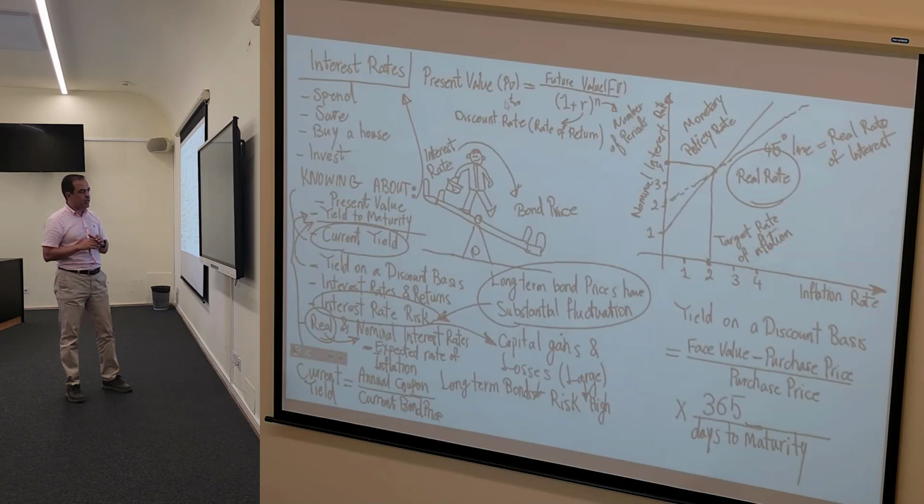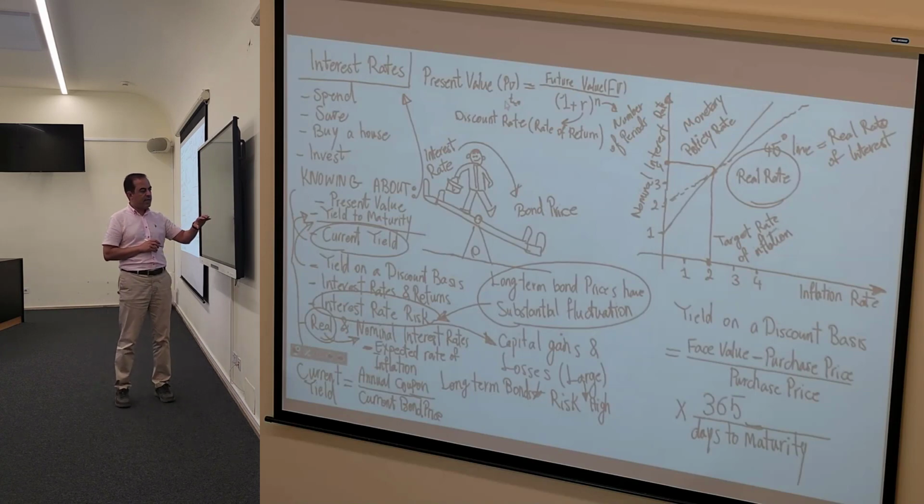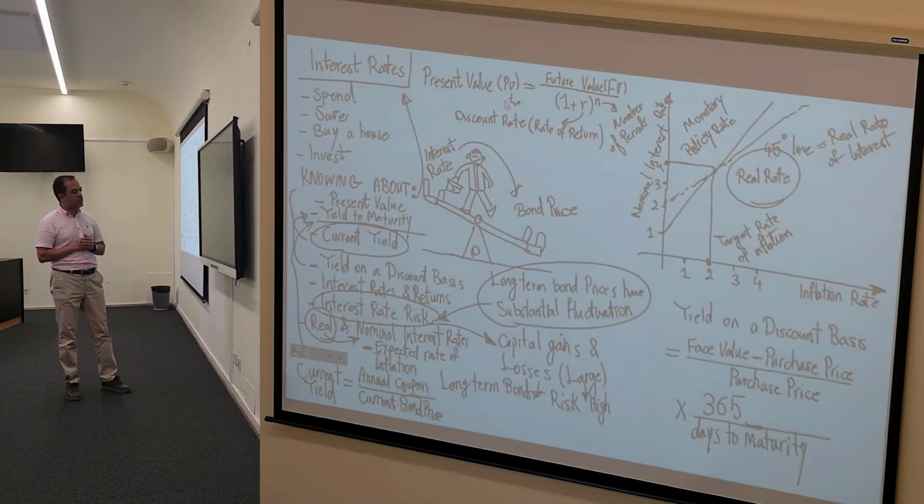So yield to maturity is not completely or very accurately estimated by the yield on a discount basis, but it could be a kind of signal for the direction.